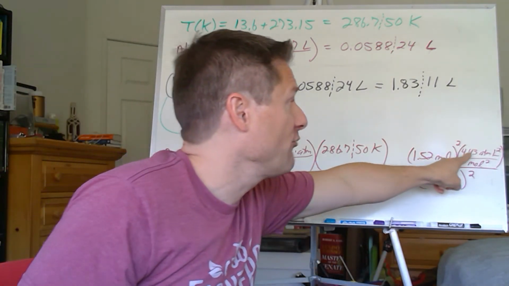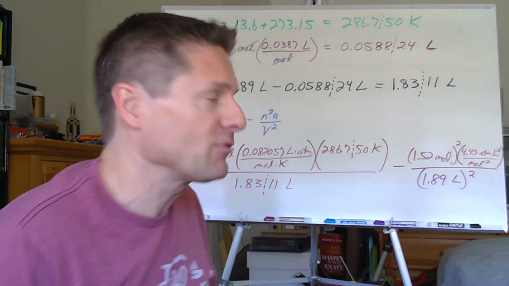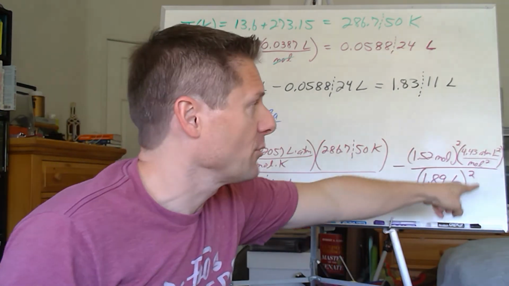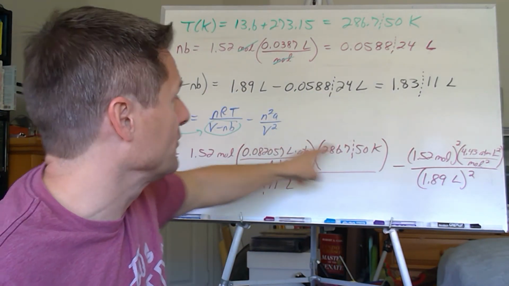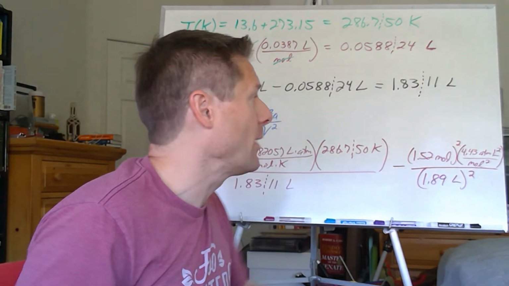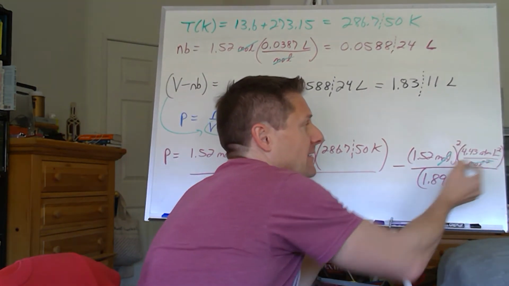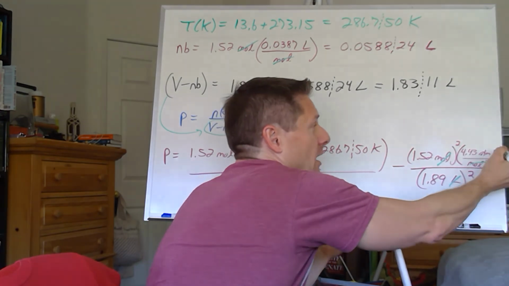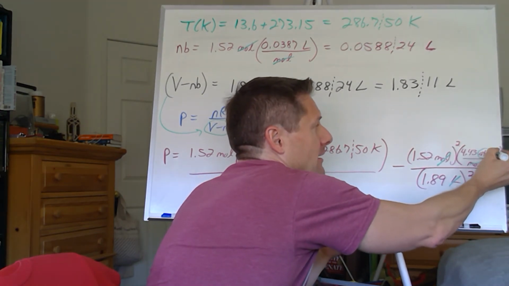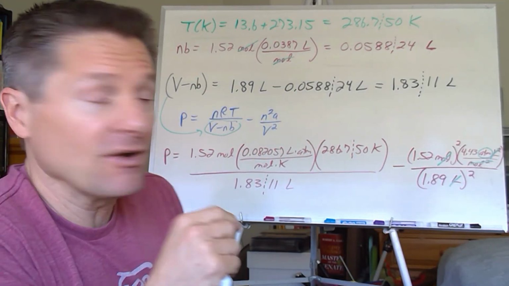So that's 4.43 atmospheres liters squared per mole squared. Divide by volume squared, 1.89 liters squared. So hopefully you can see moles squared will cancel, liters squared will cancel, leaving you with just atmospheres, which is good.